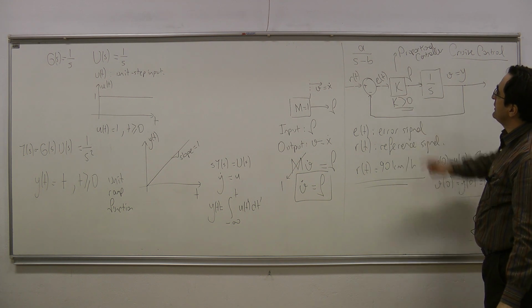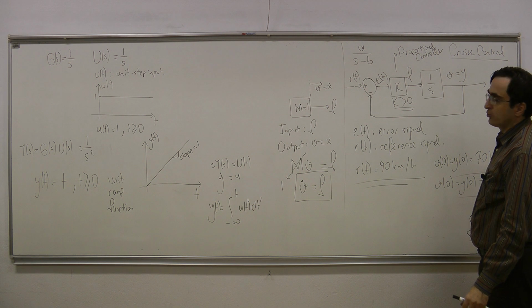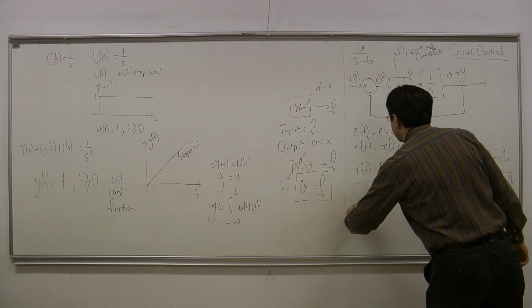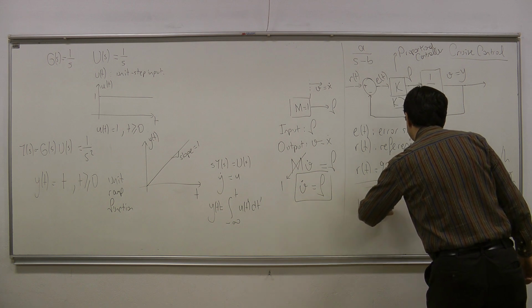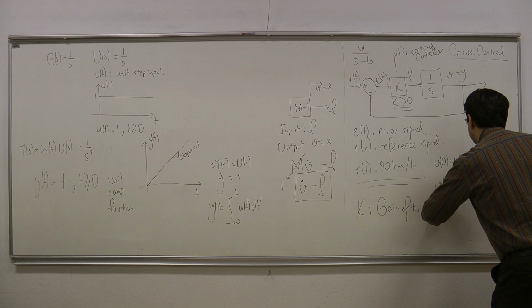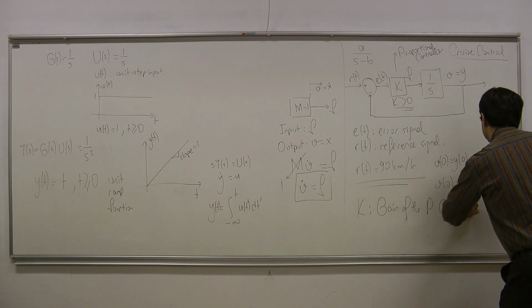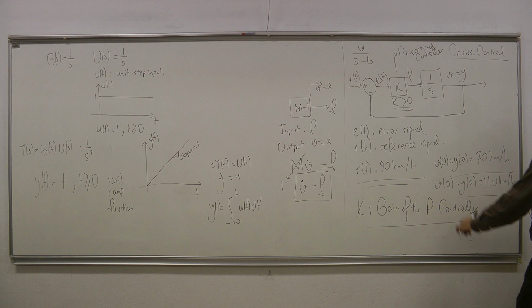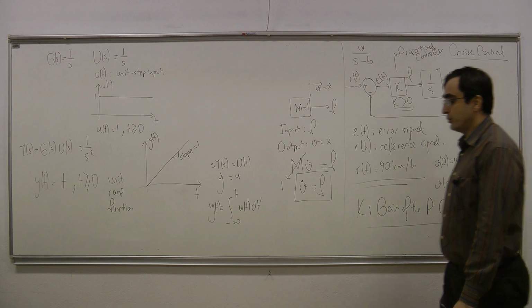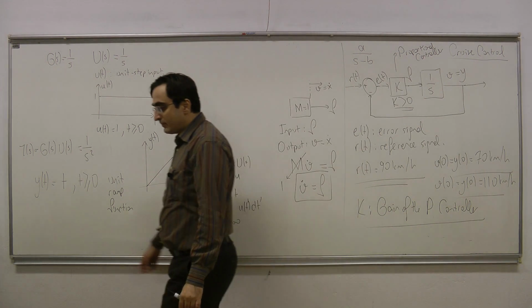And this K here is called the proportional controller gain. Okay? So K is the gain of the P controller. We abbreviate proportional controller as P controller, and K is the gain of the P controller.